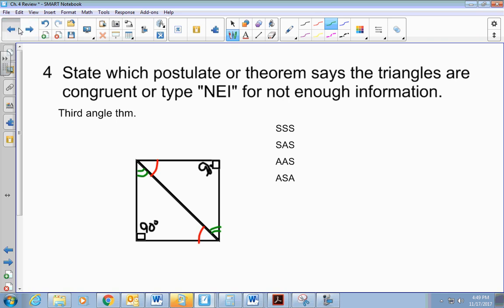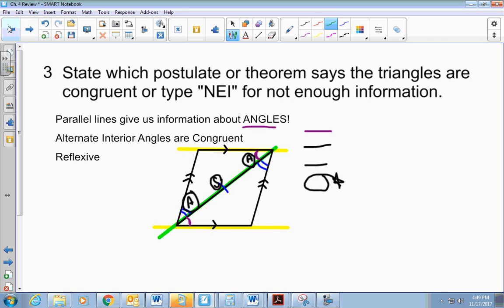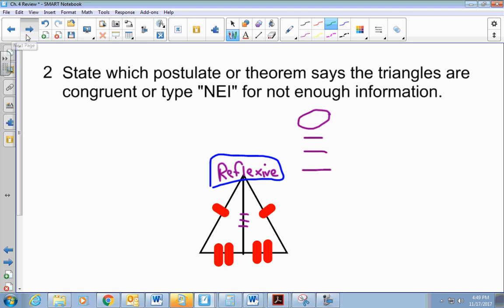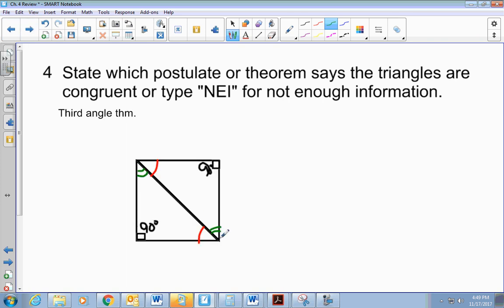And then just like the one before and the one before that, we do have an overlapping line here. So this line from this corner to this corner is congruent on both triangles. And so we use the third angle theorem to show that green angle. And then this one is going to be the reflexive property to say that this side is congruent to itself.